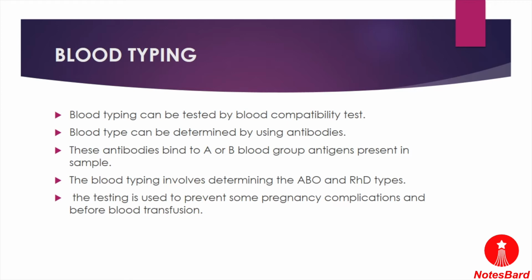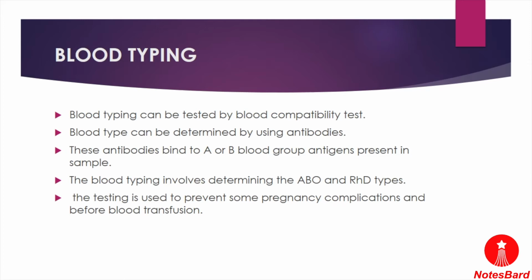Now the blood compatibility test makes use of reactions between blood group antigens and antibodies. We know that several antibodies can cause RBCs to clump together, as they bind to antigens on the cell surface, and this is called agglutination.